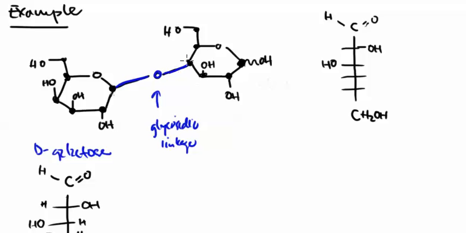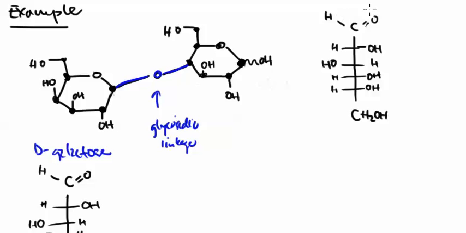So if the OH group points down, then that means it goes right hand. And then this carbon had the oxygen in the ring. Well, we've said that was the OH group before, and we always assume that that last one is right-handed unless we're told something different. So there's the structure of the sugar that's involved in the second monosaccharide unit.